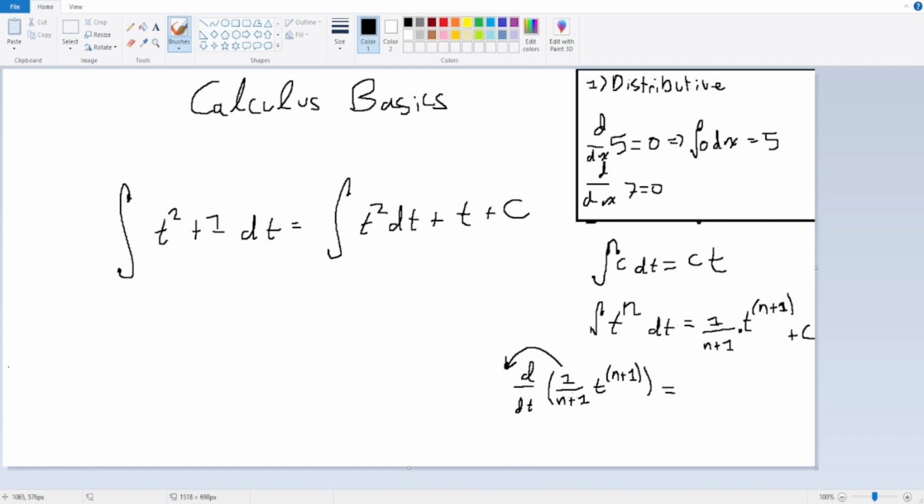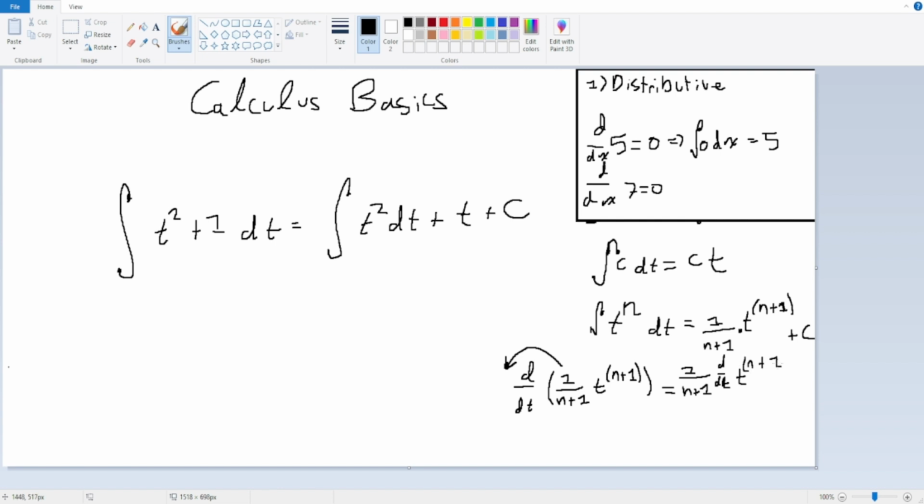Let's just say that you can do that. So if we can do that, we now have 1 over n plus 1 with a d over dt here. Calculus is more complicated than I thought. t to the power of n plus 1.